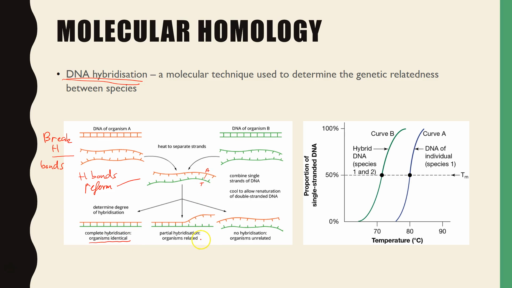If we only have partial hybridization, this suggests that the organisms are related because they share similar sequences in their genes. However, some of them are different because they have diverged or they're different species. If we have no hybridization, that means the organism is unrelated. So once the DNA has been heated and allowed to cool, it will form one of these three separate options here. The temperature at which these structures melt is used to determine the relatedness.